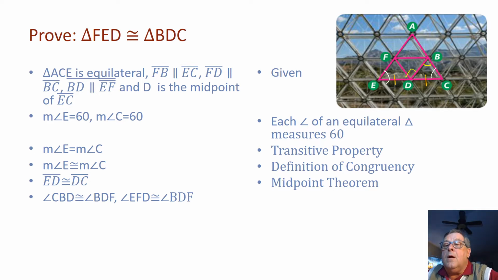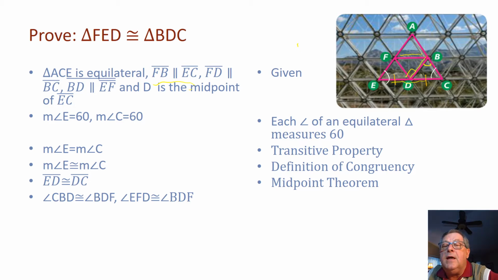Now, if FB is parallel to EC, and we were told that, then we can conclude that angle CBD is congruent to angle BDF because the transversal is this segment right here, BD, and here's my parallel line down here, and that looks like alternate interior angles.